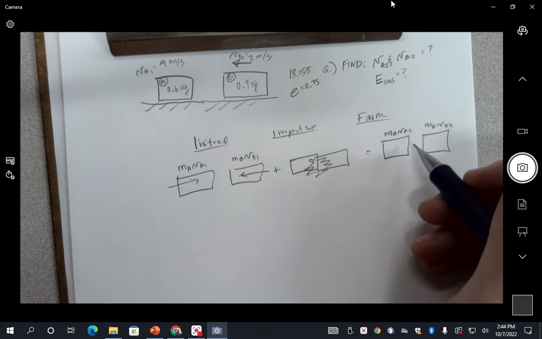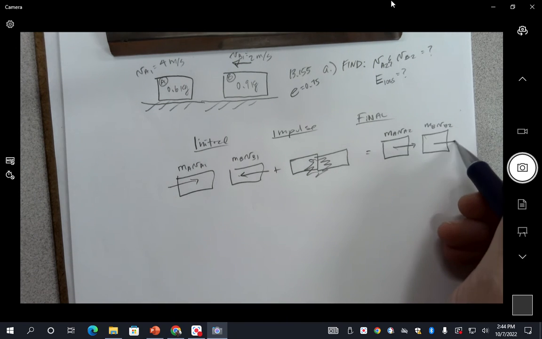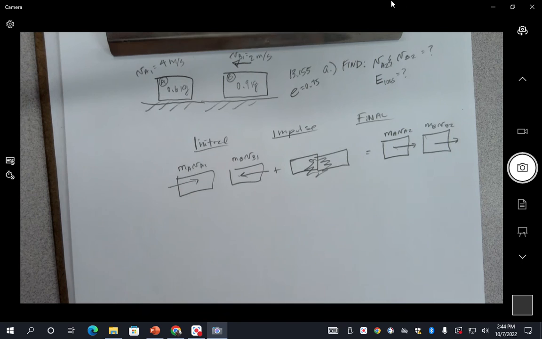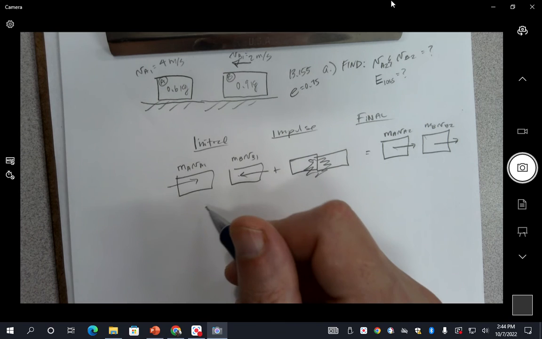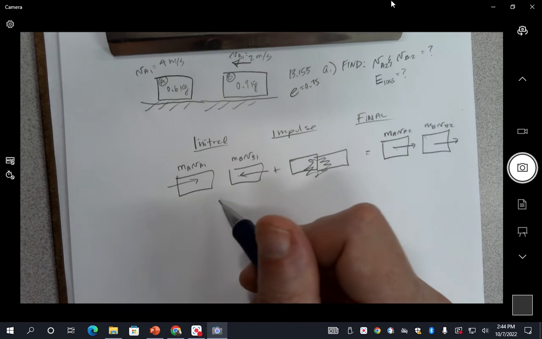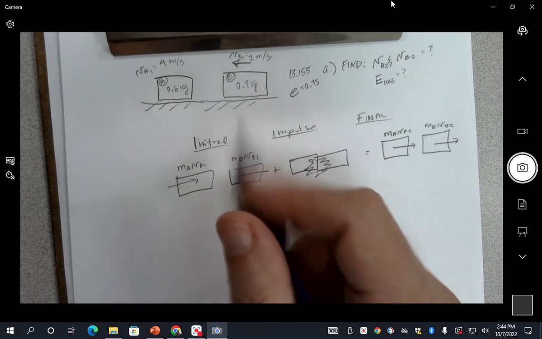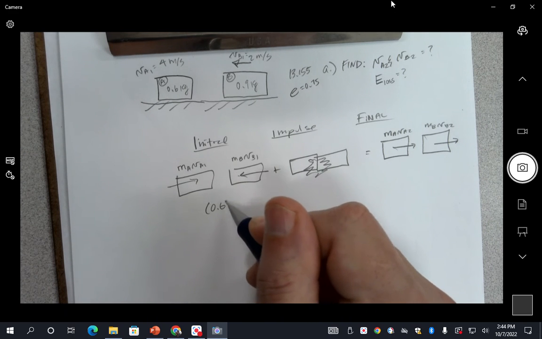I think the best strategy is to always go in the positive direction after the collision. I could put numbers in here too, right? That's not going to hurt, and they're nice in SI units.